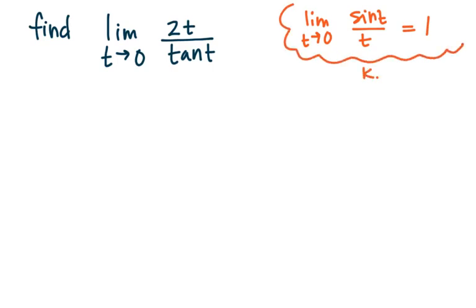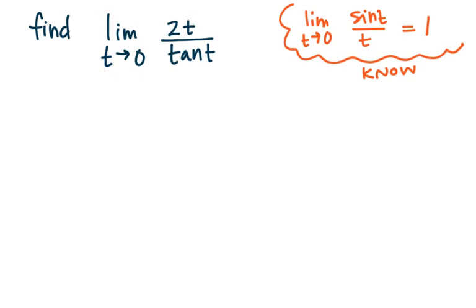All right, so this is something that we know and we want to use. And we need to somehow manipulate the given limit so that we see that ratio, sine t over t, hiding in there. Because if I can find that, then I can use my definition or my theorem to turn that term into 1.